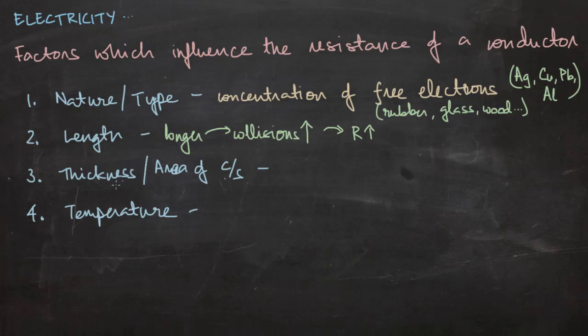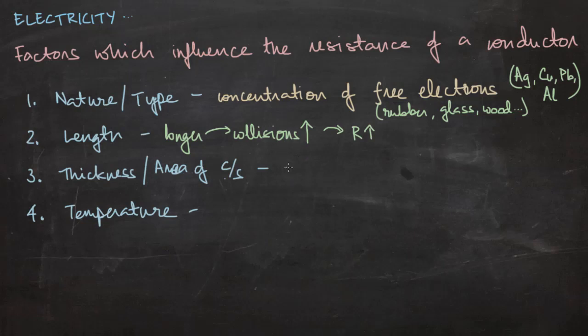Coming to the next case, thickness or area of cross section. If we compare the thickness of a wire or a conductor, the larger the cross section, easier would be the flow of the electrons. That is, if we compare a thicker and a thin conductor, a thick conductor would offer less resistance.